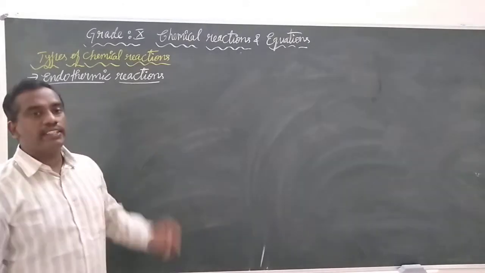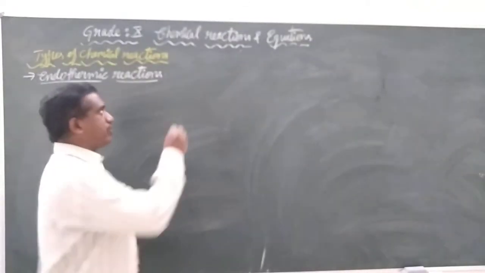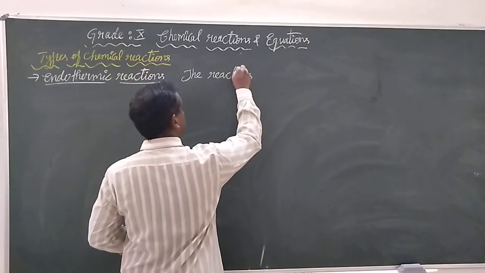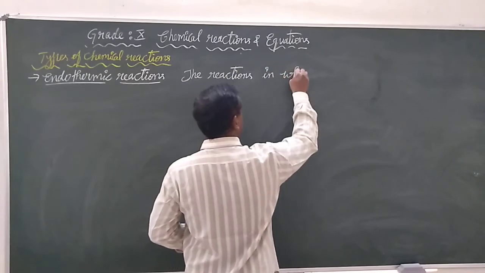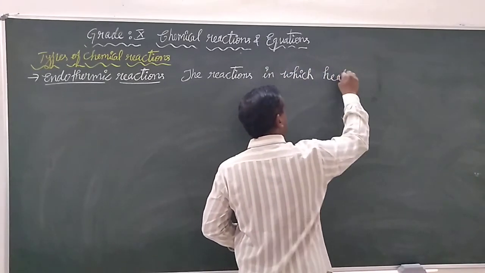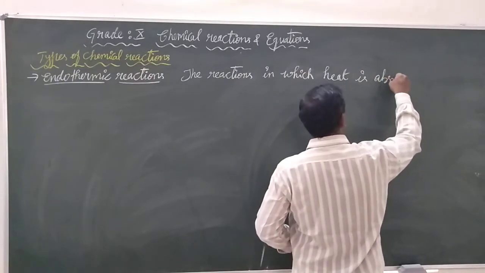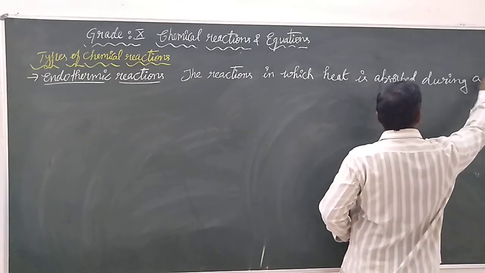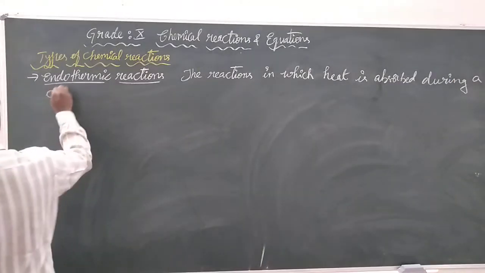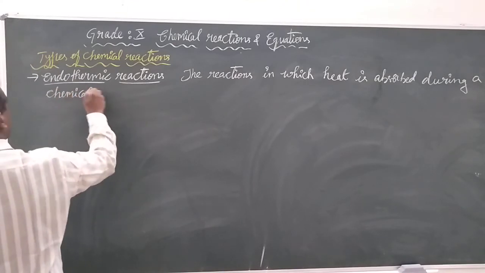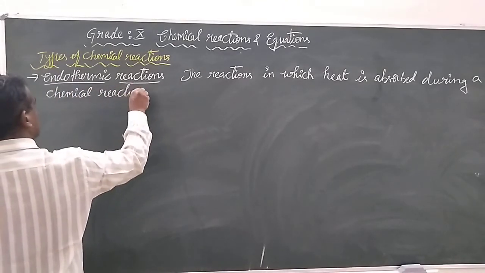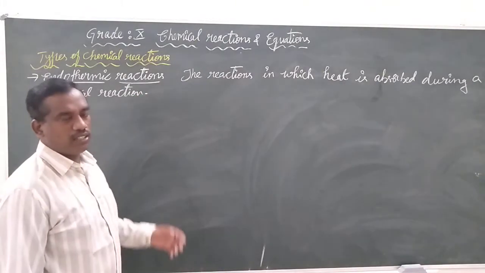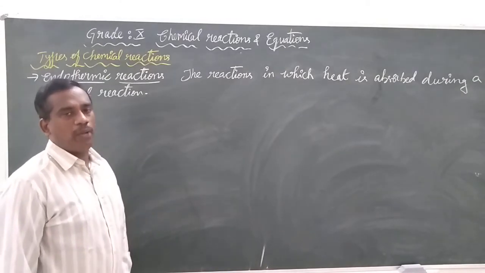But endothermic reactions means the reactions in which heat is absorbed during a chemical reaction. It is absorbed during a chemical reaction. That means during a chemical change, heat will be absorbed.